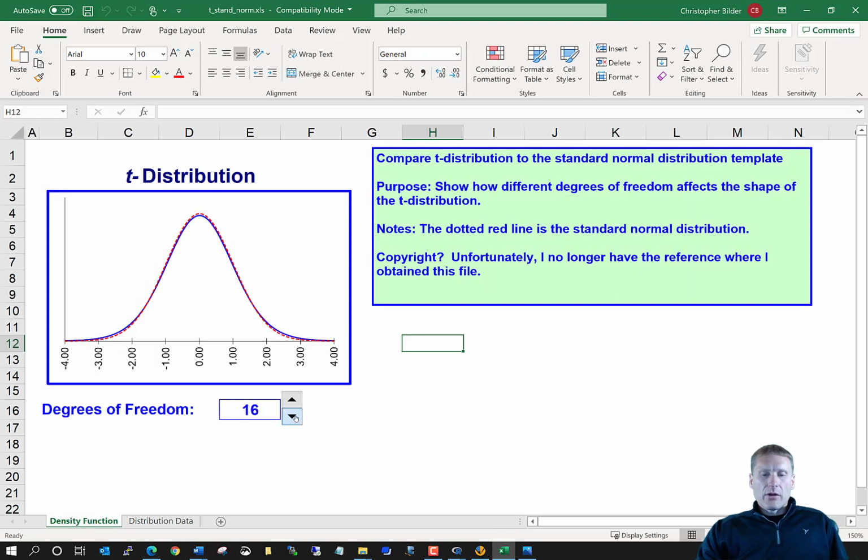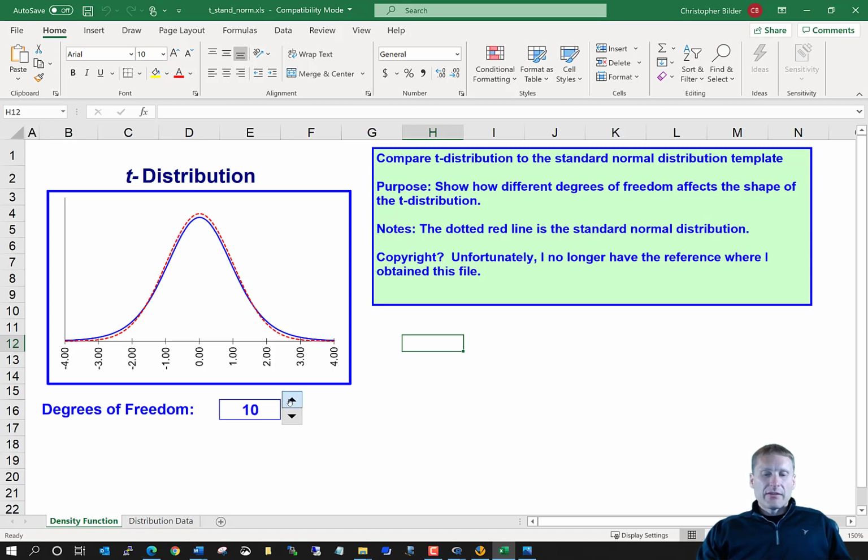Notice how for lower degrees of freedom, there's more area underneath the tail of the distribution. If we think of trying to find, let's say, the 0.95 quantile, we're going to have to go farther out on the right side of that distribution, meaning the value of t is going to be larger to get that quantile.